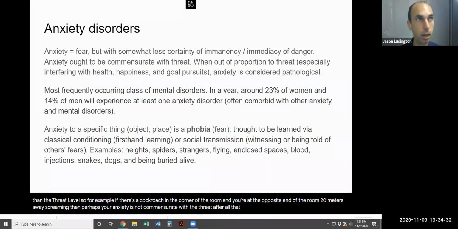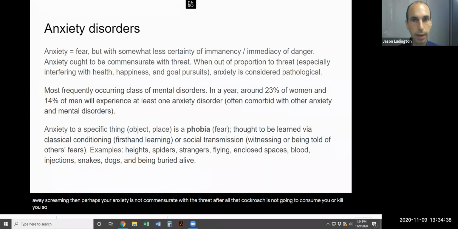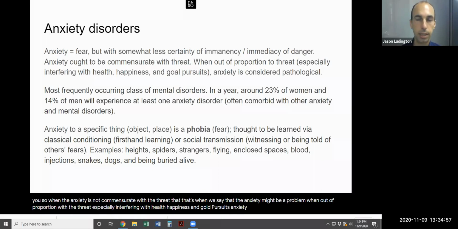After all, the cockroach is not going to consume you or kill you. So when the anxiety is not commensurate with the threat, that's when we say that the anxiety might be a problem, when out of proportion with the threat, especially interfering with health, happiness, and goal pursuits. Anxiety is considered pathological when it gets to that point.